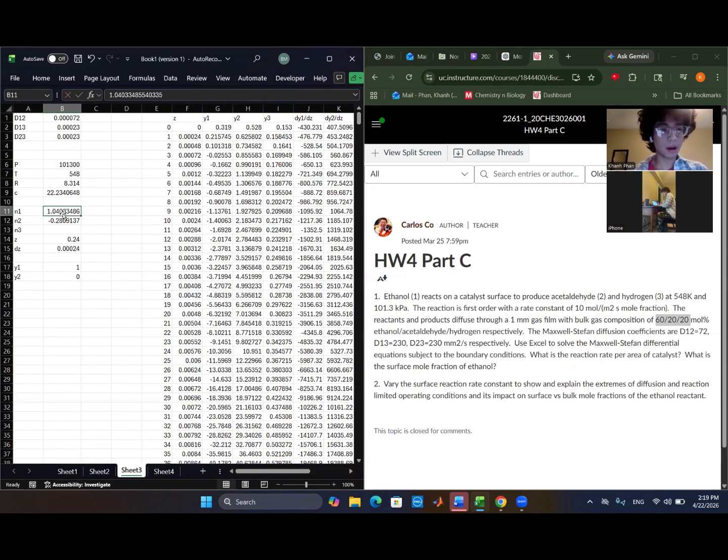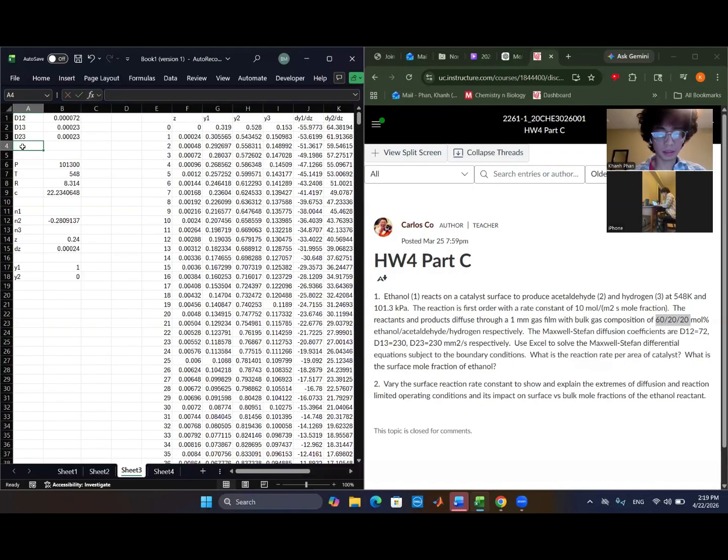And so we know that N1 is equal to, oh, I forgot the reaction rate over here. K is called KR, and it's going to be 10 moles per meter square second.